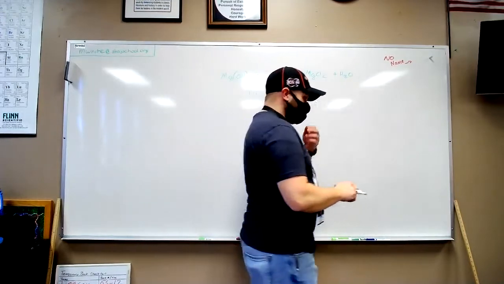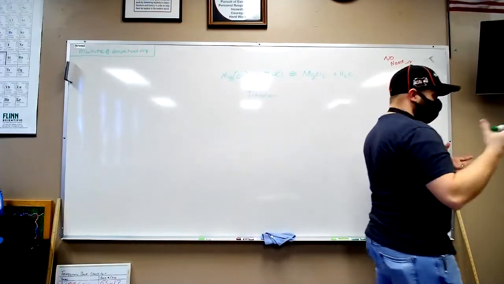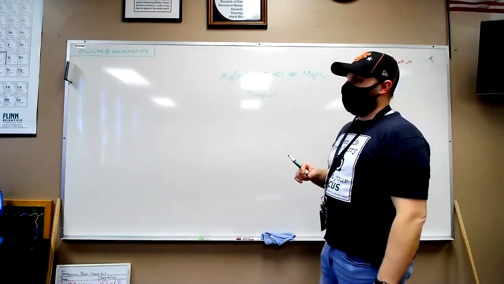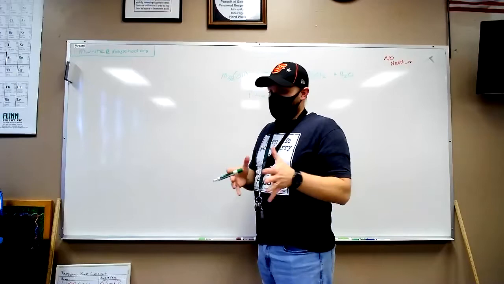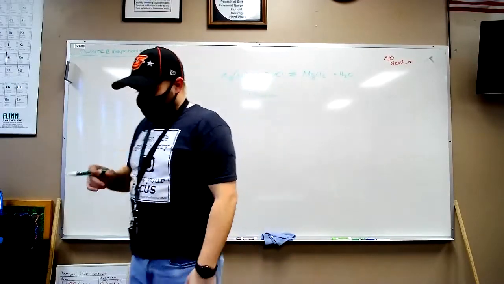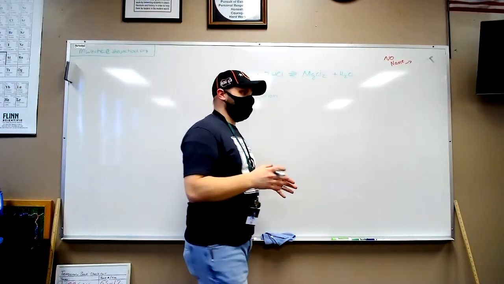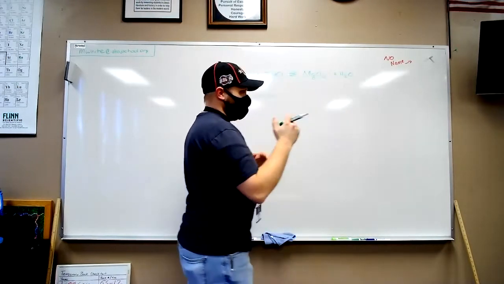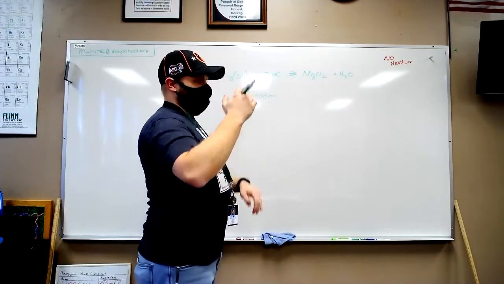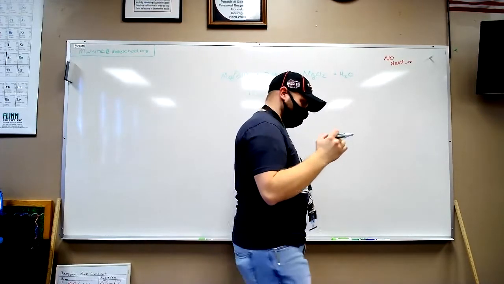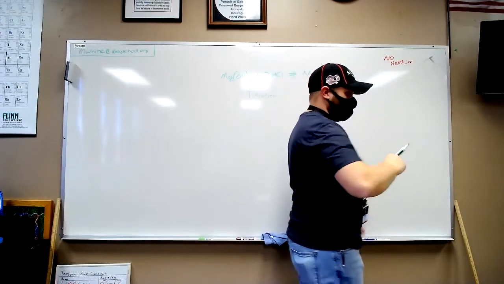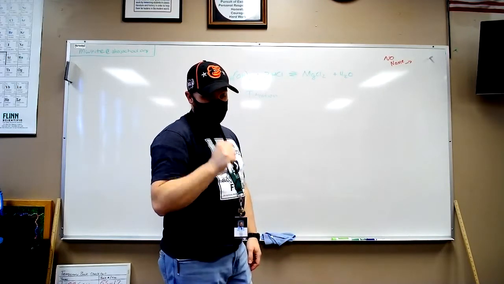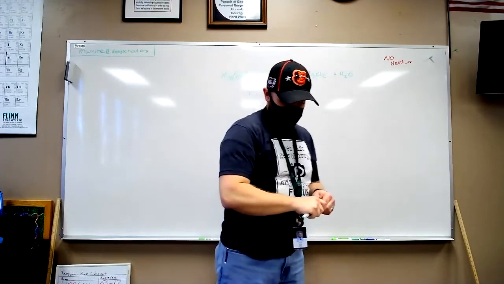And that means, well, equivalence, that word should make you think of equal, okay? We add the base until we have the same number of moles of acid and base. And then based off of how much base we added, we can calculate the concentration of the acid. Okay.